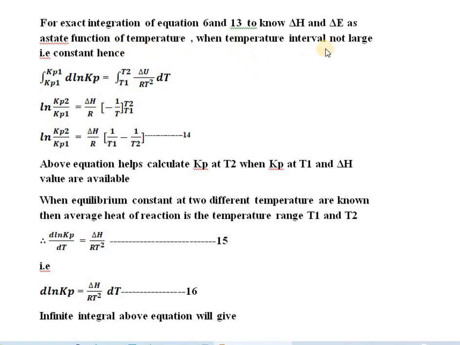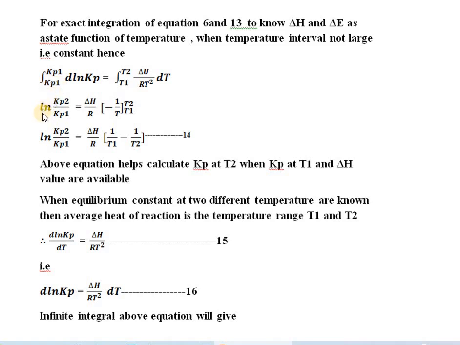When the temperature interval is not large, that is a constant, and hence this equation can be integrated, integrating Kp1 to Kp2, d ln Kp, with T1 to T2, delta H divided by RT square into dT.